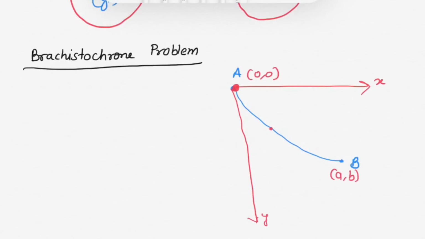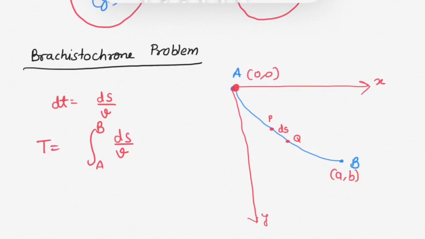Now suppose a small element PQ of length ds, and the particle is sliding from point P to point Q. Suppose the time taken by the particle from P to Q is dt, then dt will be ds over v, if v is the velocity. Then the total time taken by the particle from point A to B, capital T, will be the integration from A to B of ds over v.